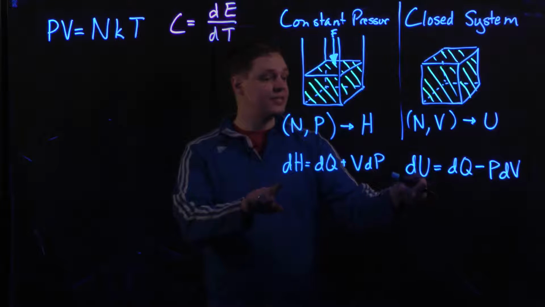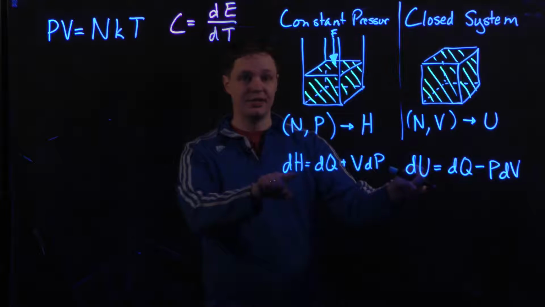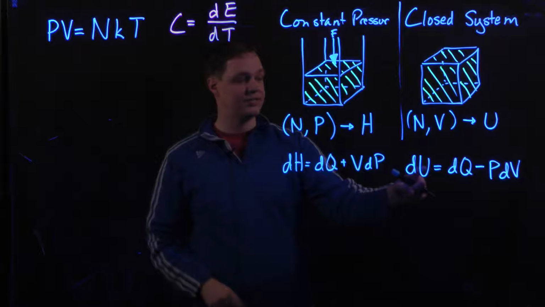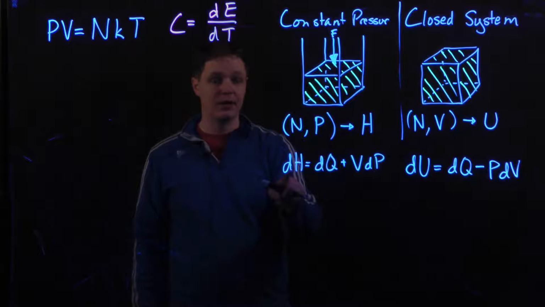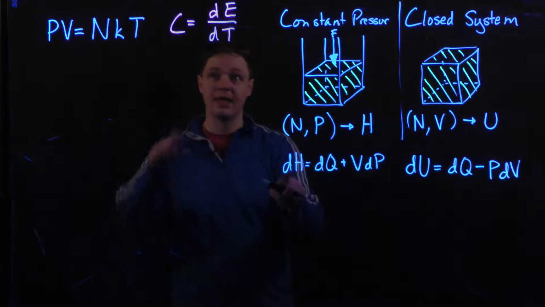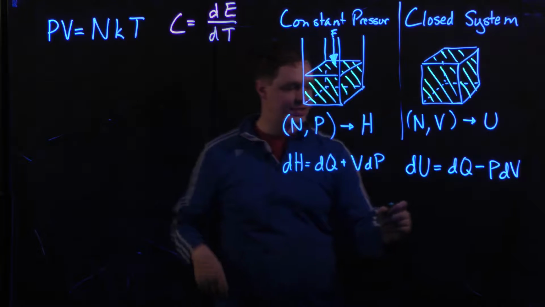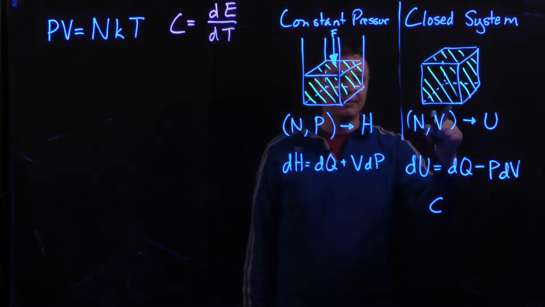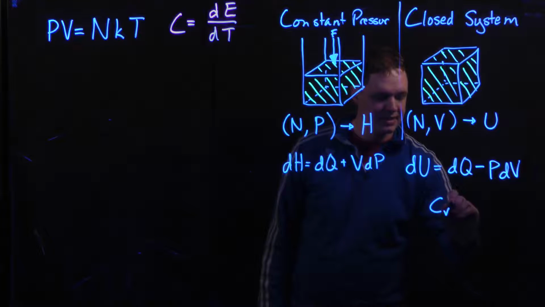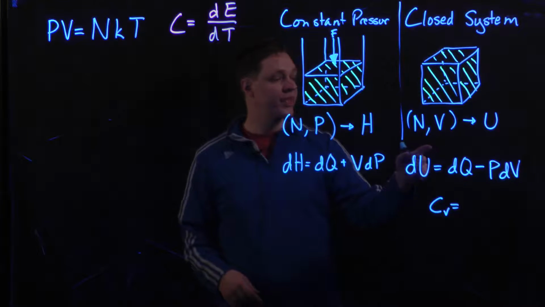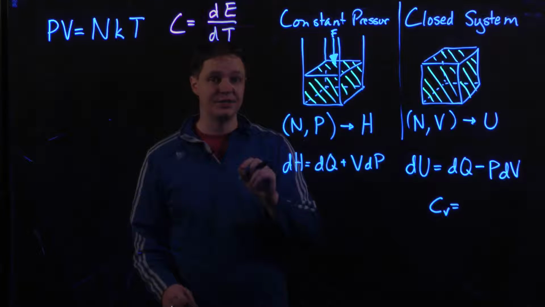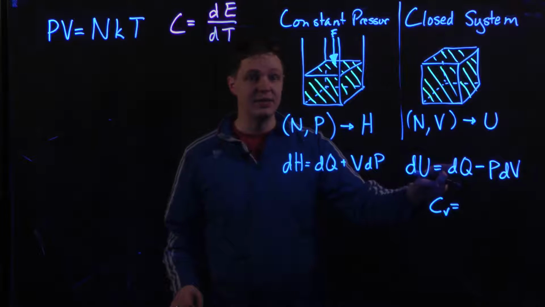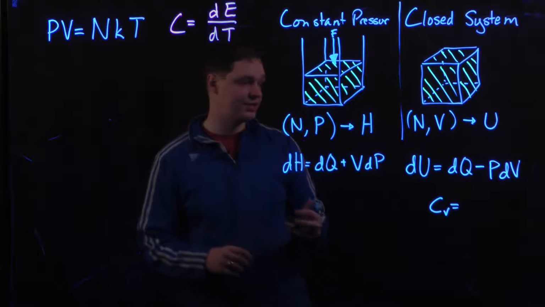Now I can use these because this is change in energy: change in energy for a closed system here, change in energy for a constant pressure system here. The heat capacity at constant volume, for a system that cannot exchange heat with its environment, has dQ equal to 0 because I'm not exchanging heat.